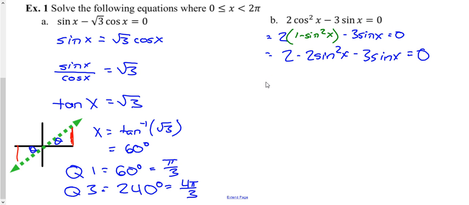If I rearrange this equation, I'm going to basically move everything from the left all to the right. I want a positive whatever squared, and this right now is a negative. So if I rewrote this, I'd have 0 on the left equals a positive now 2 sine squared x plus 3 sine x minus 2.